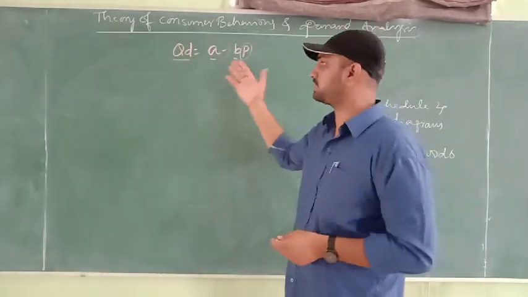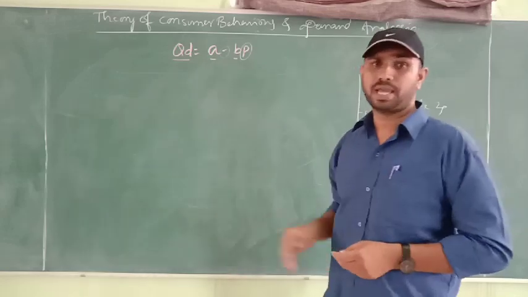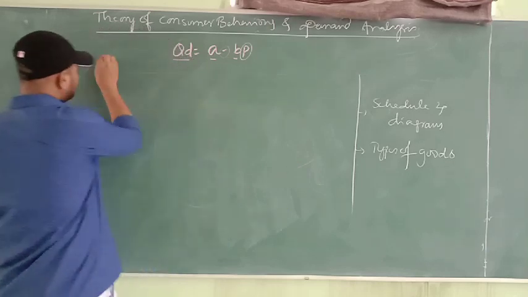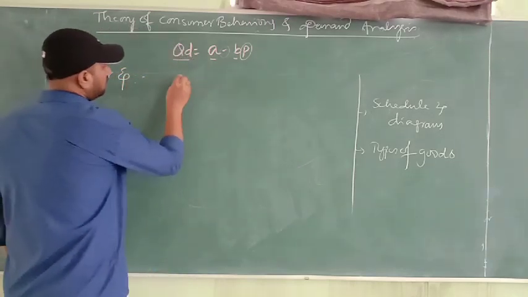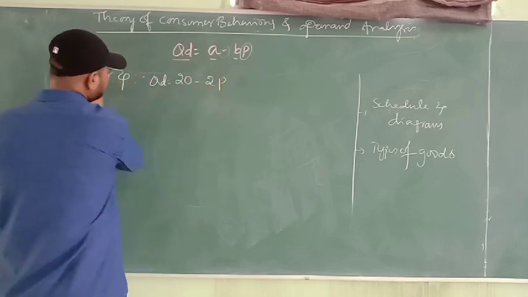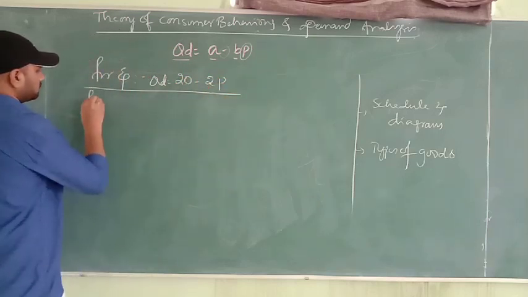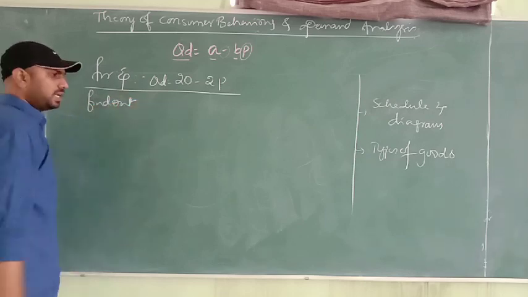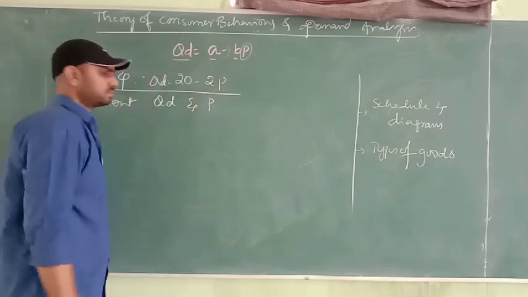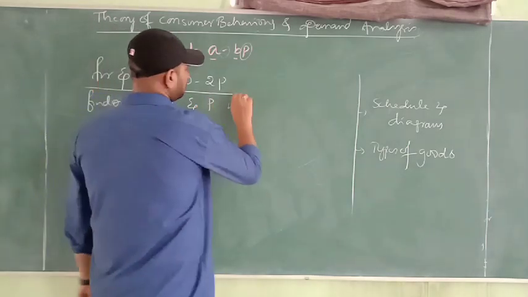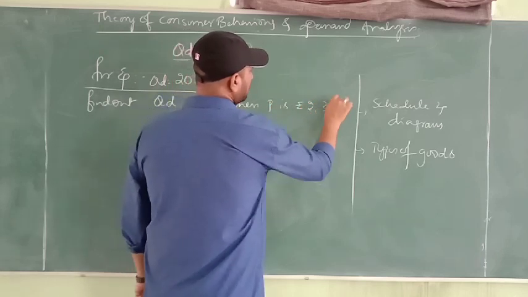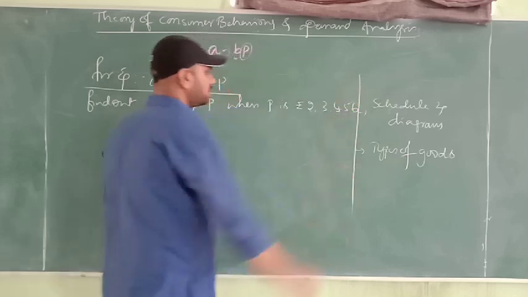So for that we have taken this equation, QD equals A minus BP. For example, if we take QD equals 20 minus 2P, find out QD when P is rupees 2, 3, 4, 5, 6 likewise.